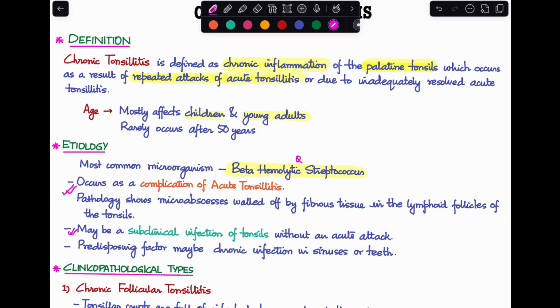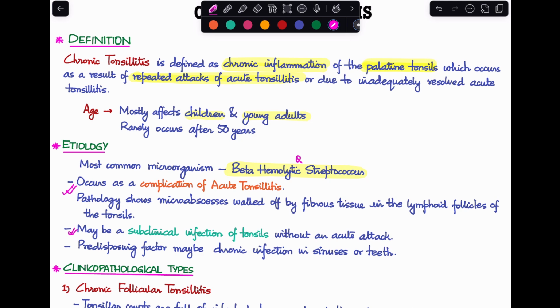And sometimes the predisposing factor could be a source of infection elsewhere. For example, there is a source of infection in the nose, sinuses or the teeth where the infection has not been treated. That can act as a predisposing factor in causing chronic tonsillitis. So that's about the etiology.